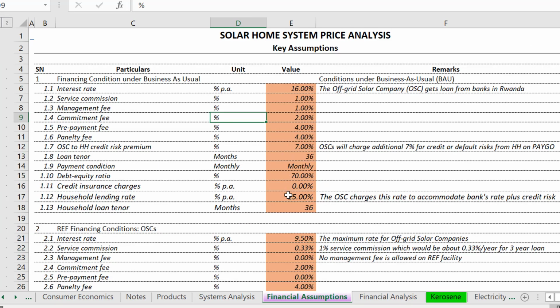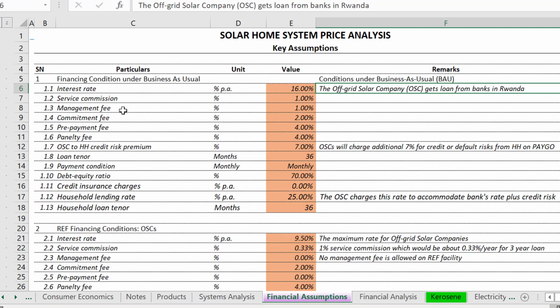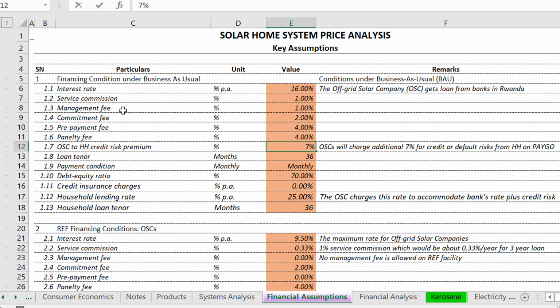And in this business as usual case, there is some company called an off-grid solar company. They get a bank loan at 16%, and then they add, oh God, they add another 7% onto this bank loan. I suppose this bank loan reflects some credit risk.